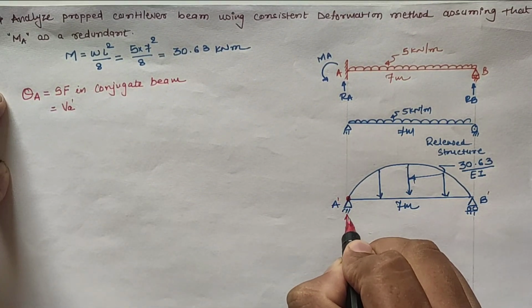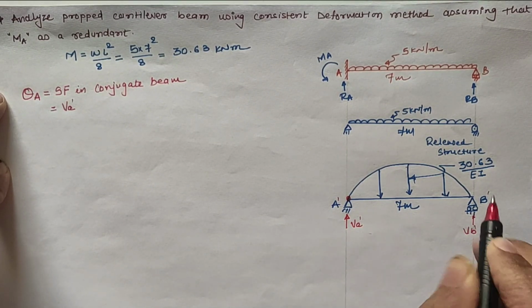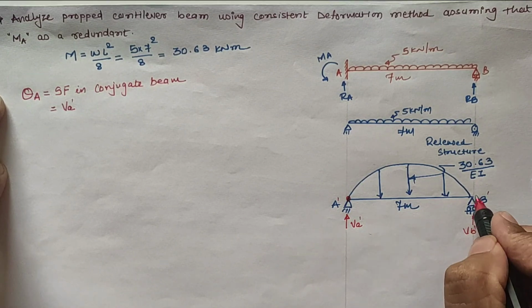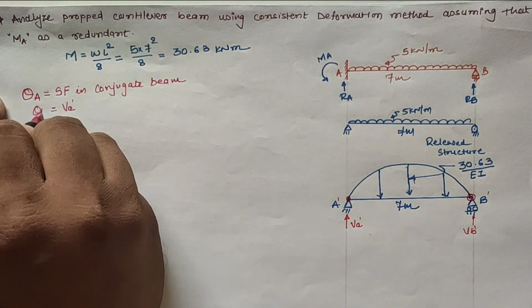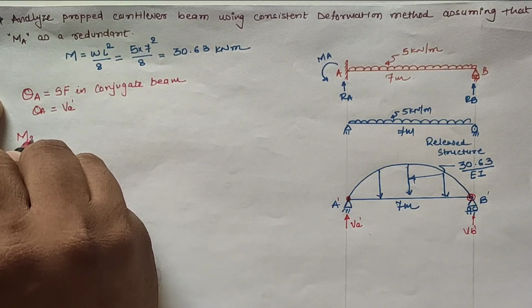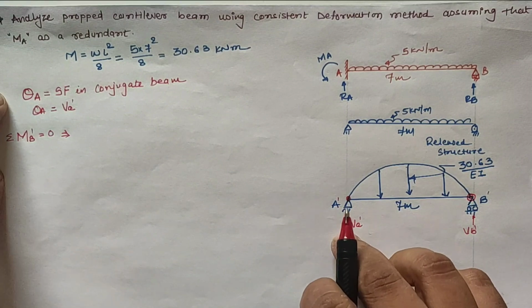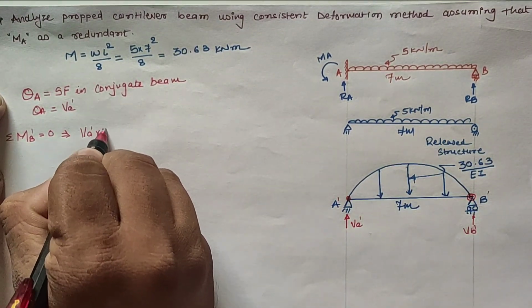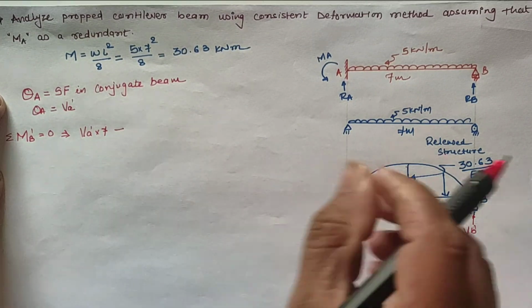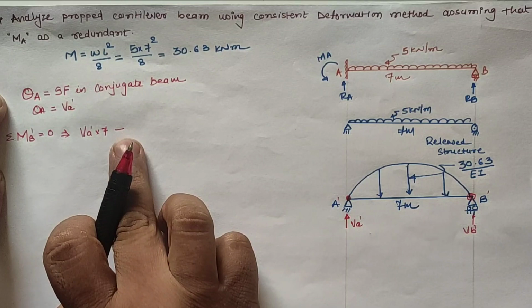Let us assume vertical reactions VA dash and VB dash at the hinge and roller, and take the moment at location B dash. Then VA dash into 7 is in clockwise direction, minus the loading, which creates anticlockwise moment, hence the value is negative.